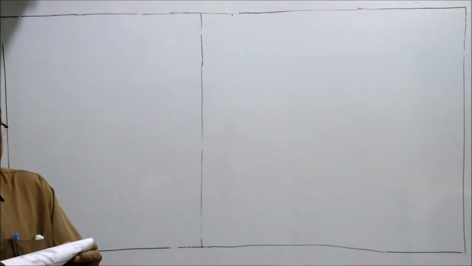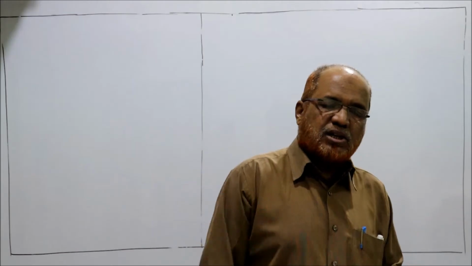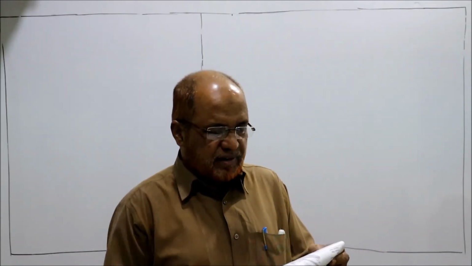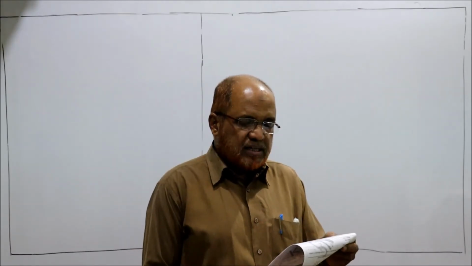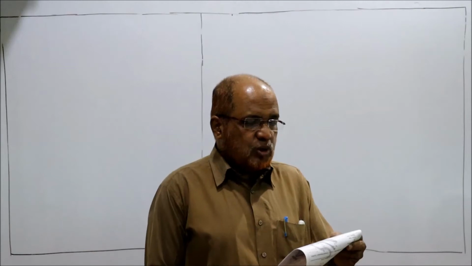A bond has a face value of rupees 100 and a 7% coupon. So 7% of 100 rupees, 7 rupees. So every year the coupon interest will be 7 rupees. The yield to maturity is 5%, required rate of return 5%, and it matures in 5 years.